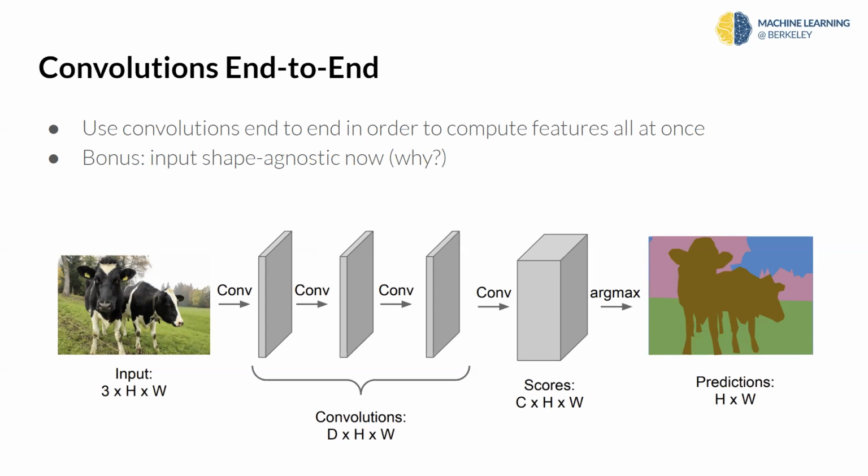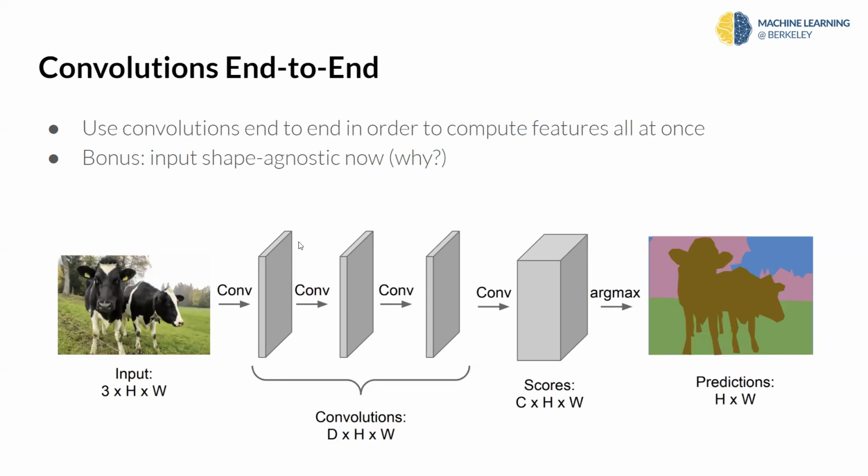So if we have some sort of input image, we'll run a bunch of convolutional filters over that image, and then we'll get some sort of output. If we design our convolutional filters in a way such that we're preserving the size of the input at the output, then we're able to directly have a one-to-one correspondence between an input pixel and an output pixel, right?